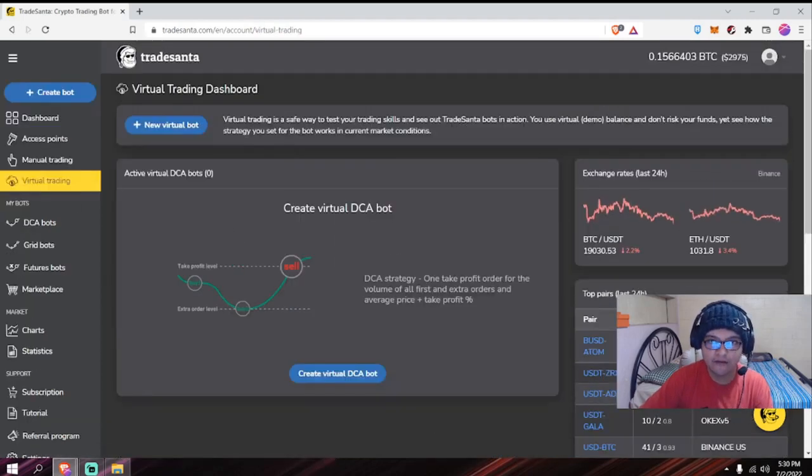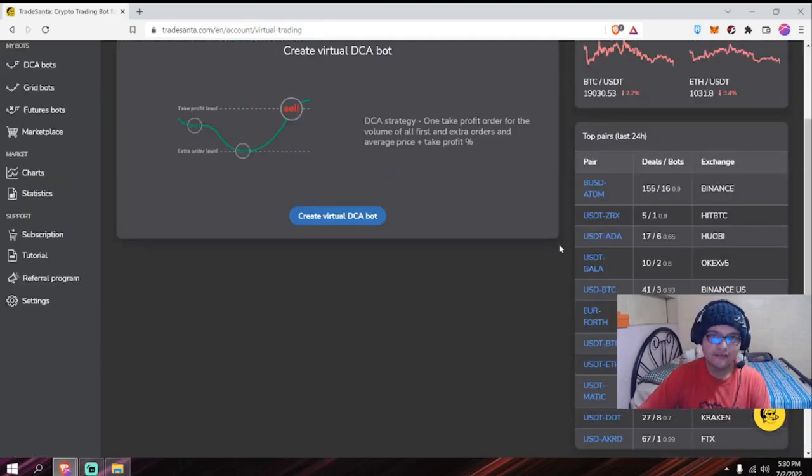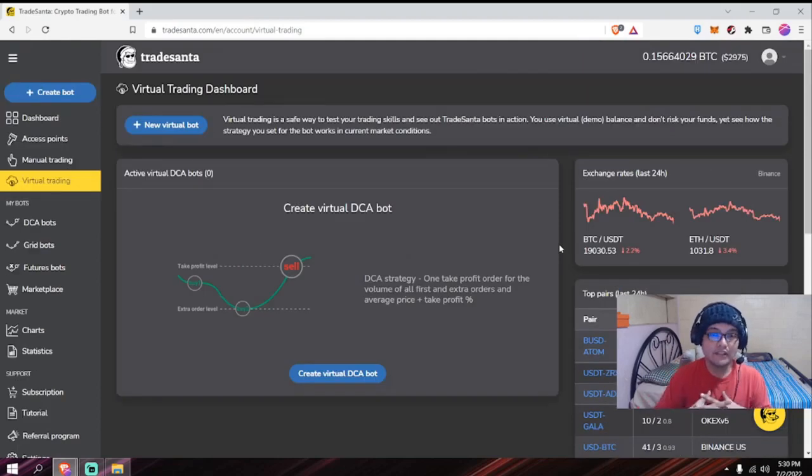Now we have a virtual trading bot. It's good though, because you can test it out before actually creating your own real money trading bot. But the problem is this has errors. You're going to encounter errors. I don't know, for some reason their bot just does not work.